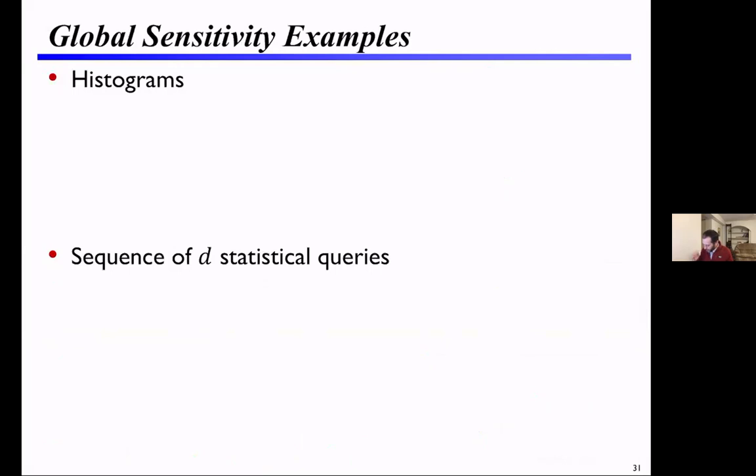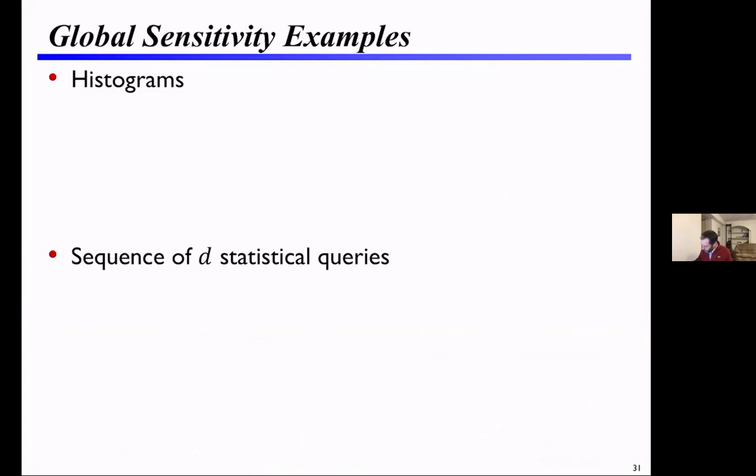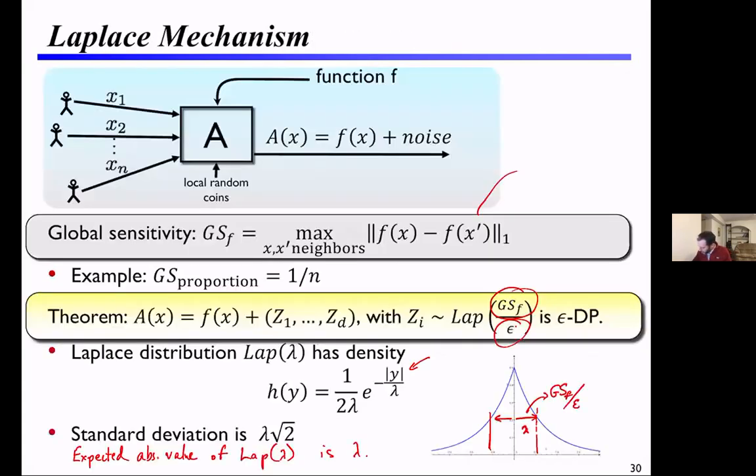Maybe before we even get to those, suppose we're going to use this for releasing the proportion. Let's say f of x is just the sum of xi's, and the xi's are bits, the proportion of diabetics or whatever. Then we said the global sensitivity of f is 1/n.